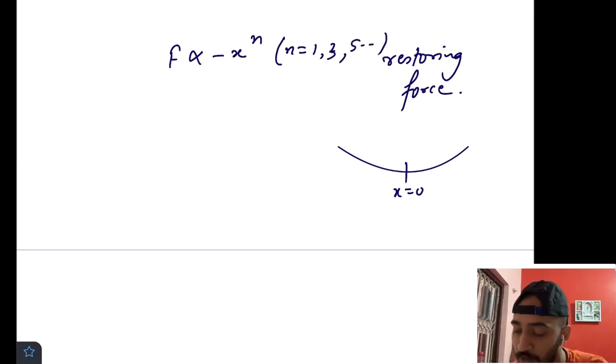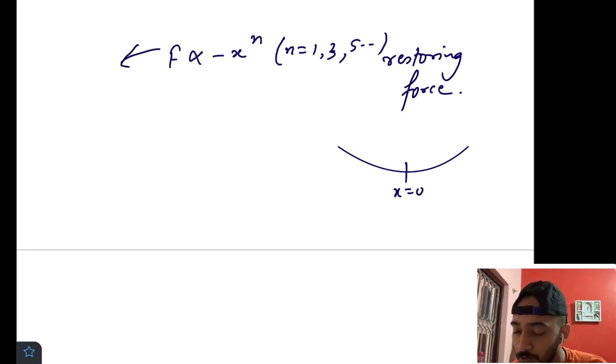Okay, so the restoring force acting on a particle must vary with the displacement, where x is the displacement from the mean position to the power n, where n is 1, 3, 5, 7 or any odd number.